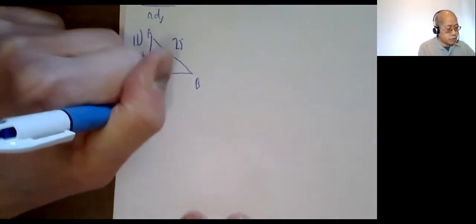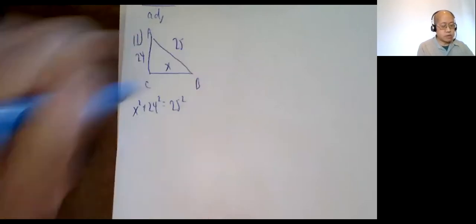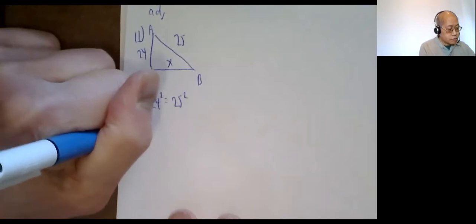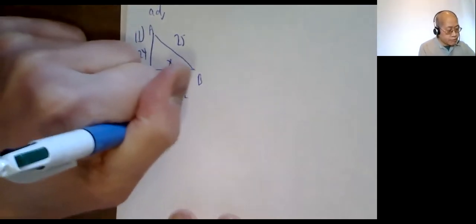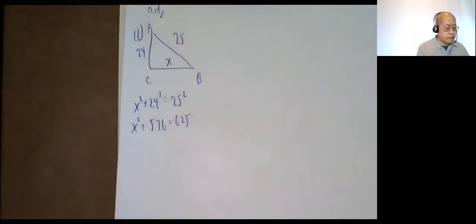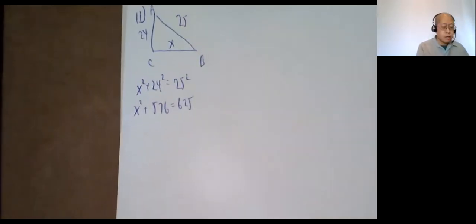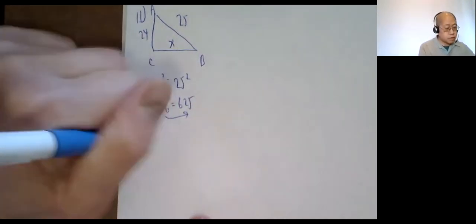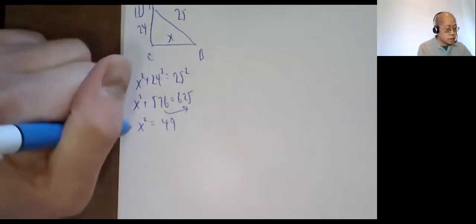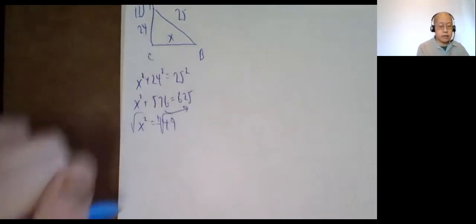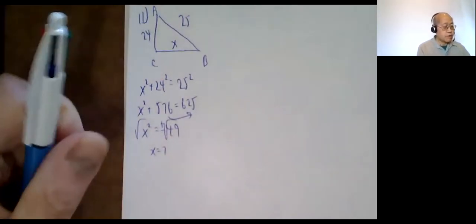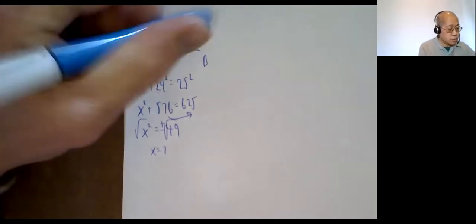X squared plus 24 squared equals 25 squared. Punch these in your calculator if you wish. 24 squared is 576. 25 squared is 625. Subtract 576 on both sides. X squared equals 49. Square root. Normally you need plus or minus, but we're only doing positive quantities. So X is 7. Okay, so we figured out that this is 7.